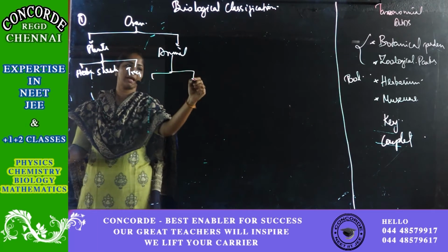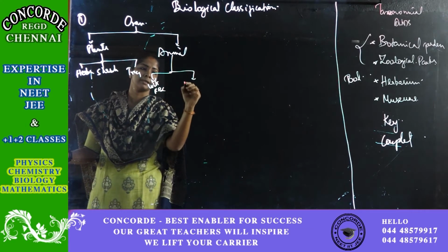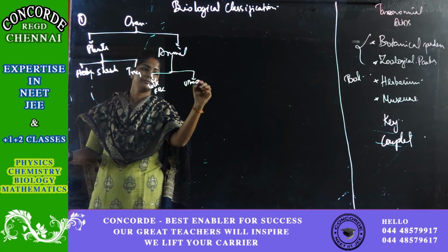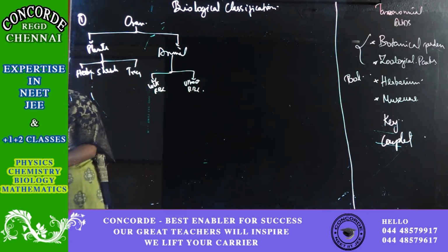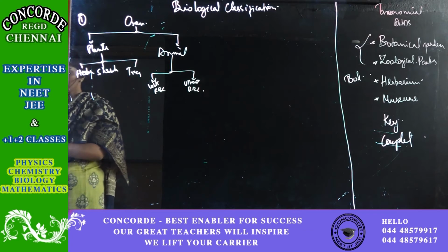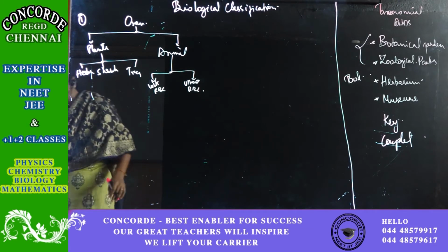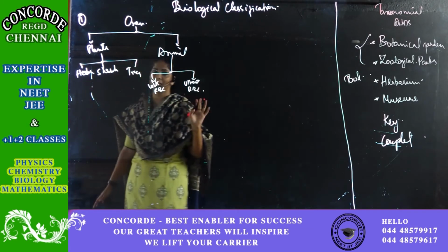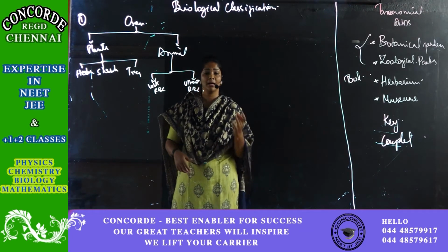Animals had only two categories, with RBC and without RBC. So these were the initial methodologies of classification. This was in no way related to kingdoms. It was like a broad sketch by which they built up classification in earlier days.